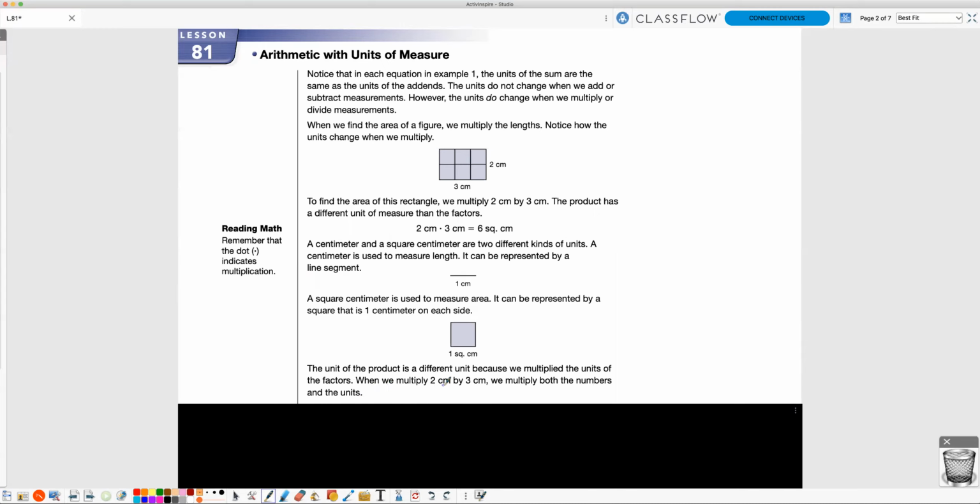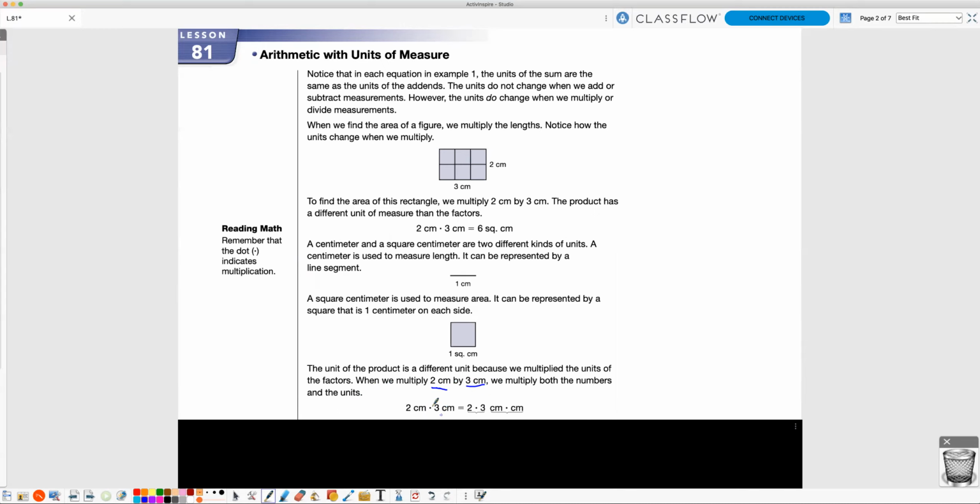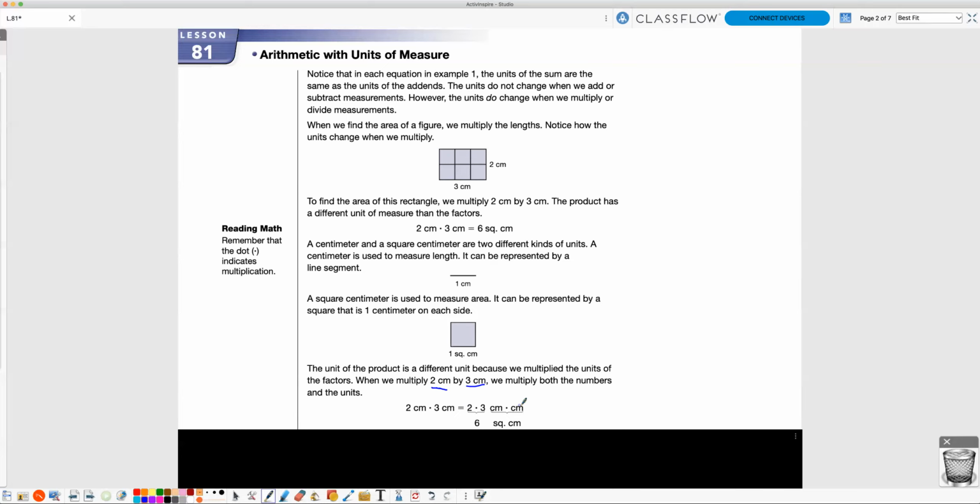When we multiply 2 centimeters by 3 centimeters, we multiply both the numbers and the units. So 2 centimeters times 3 centimeters is 2 times 3, which equals 6, and centimeters squared here, because you have centimeters times centimeters.